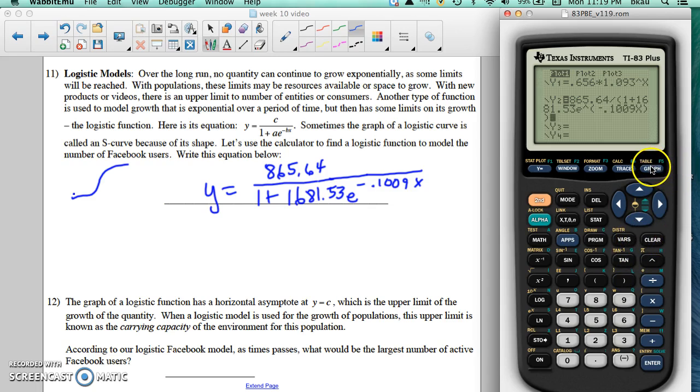All right, and we're going to push Graph here. We turn off this graph, so it shouldn't show anymore. We'll push Graph and see how close a fit this one is.